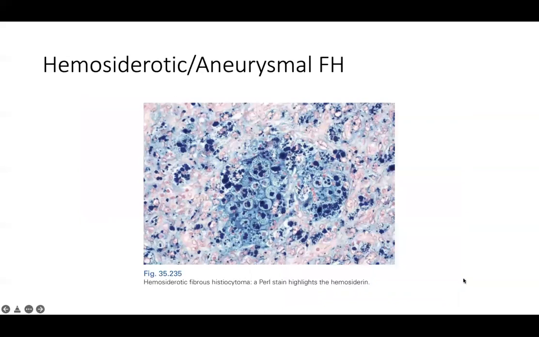Now, you can stain the hemosiderin and turn it blue using a Prussian blue stain or a Perls stain, also an iron stain. It's just known by different names for the same thing. I learned it as Prussian blue, and it helps me remember that you would see hemosiderin turning blue. This is in contrast to if you were staining melanin, it would not stain blue with a Prussian blue.